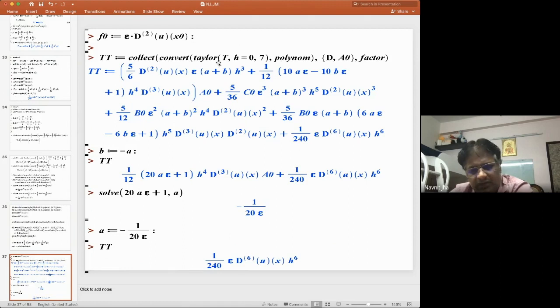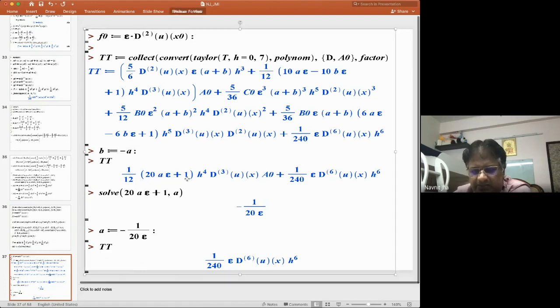Finally, when we apply the algorithm that has been discussed, we are getting this one. Now, in the last step, our aim is to reduce this scheme up to order H^6. So if I take B equal to -1, most of the terms will vanish, and we are left with only this one. In this term, the coefficient of H^4 is 20 A epsilon plus 1.